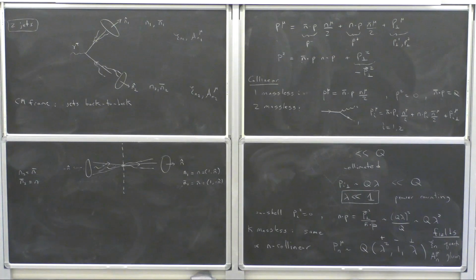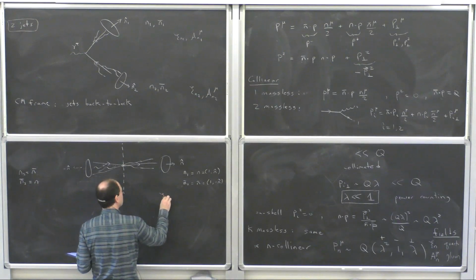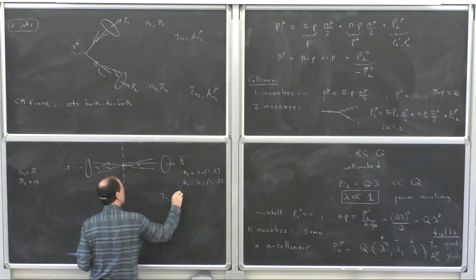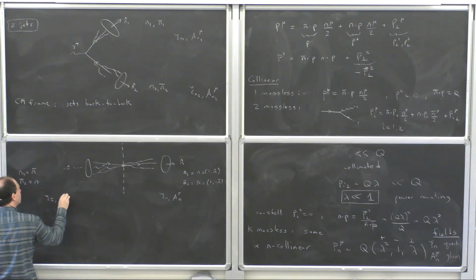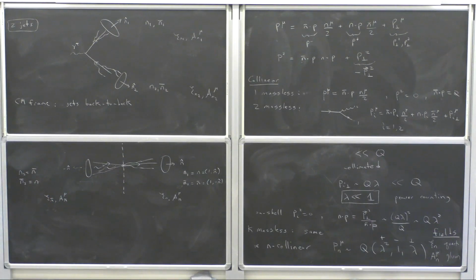So I reduce things back to just talking about n's and n bars in this particular frame. And so the fields would be c sub n, a sub n, and c sub n bar, a sub n bar. And that's a little simpler than having n1, n2, n1 bar, n2 bar. Does that make sense? Okay, so just some notation.